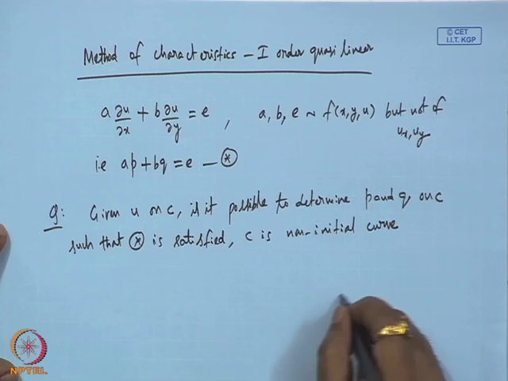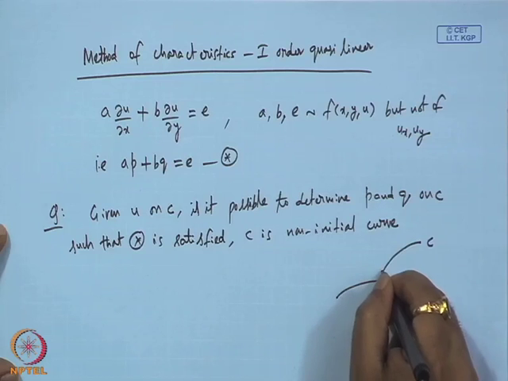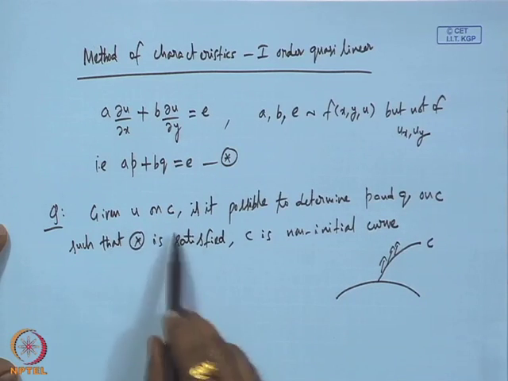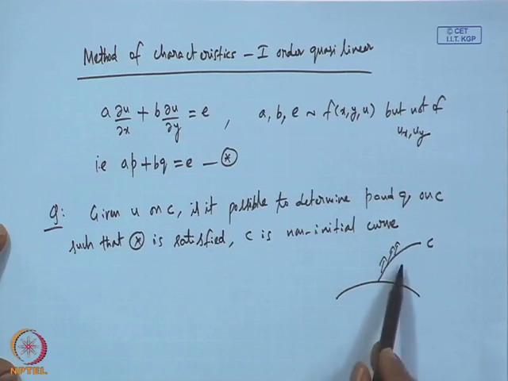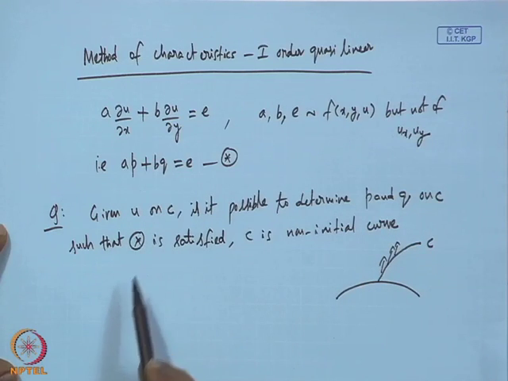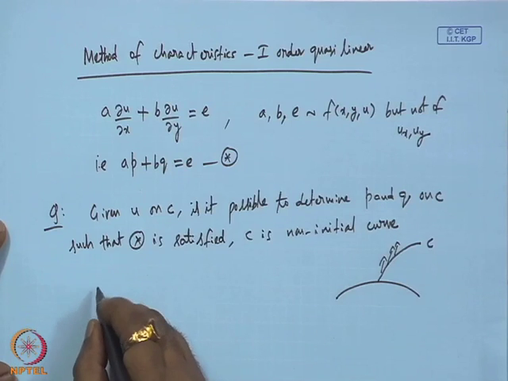So, that means this is an initial curve, then this is C. If u is given on this, is it possible to determine p and q on C such that star is satisfied? So, the answer is true, like second order.